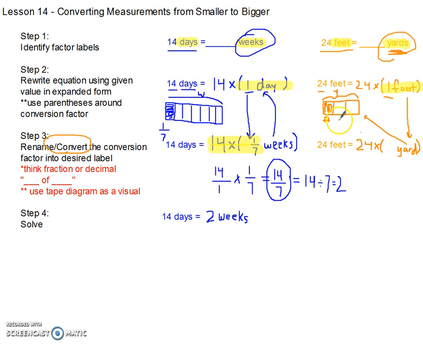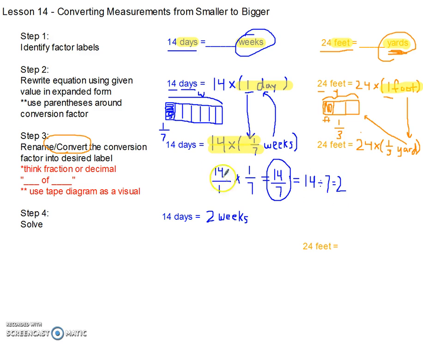And I have 1 of 3 feet colored in. So my fraction here is 1 foot is equal to 1/3, or 1/3 yards.